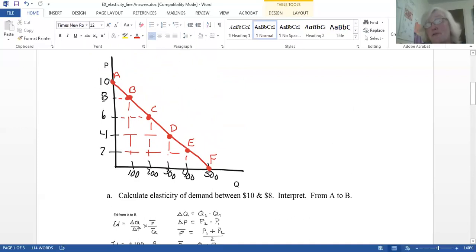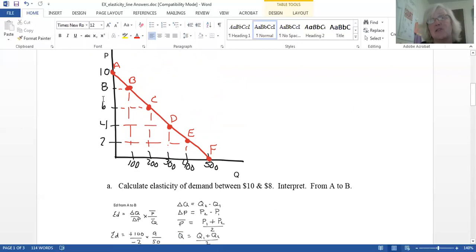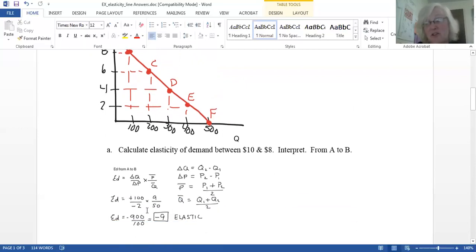So my price fell by $2, negative 2. Notice, elasticity of demand, one of these will be positive, one of them will be negative. If you're walking down the demand curve, it will be your price that's falling and your quantity demanded that's increasing. But you don't have to always walk down the demand curve. You could go from D to C, for example. There's nothing stopping you from walking up a demand curve, okay?